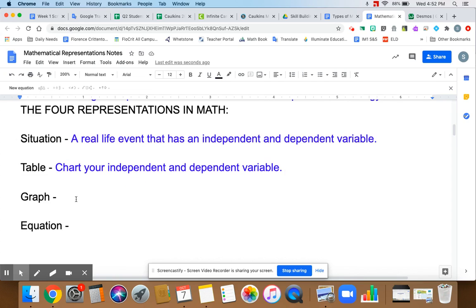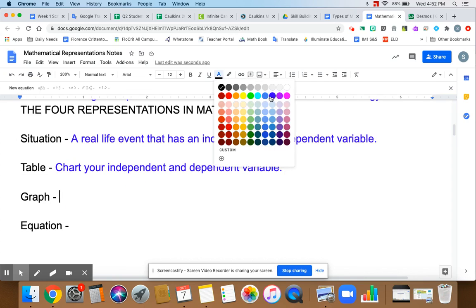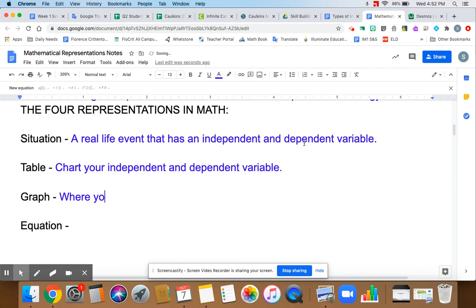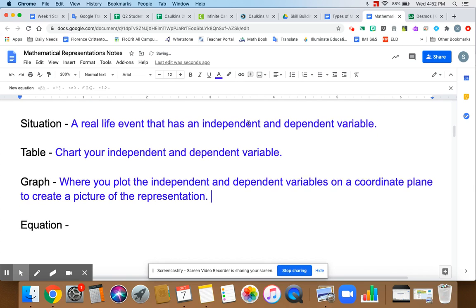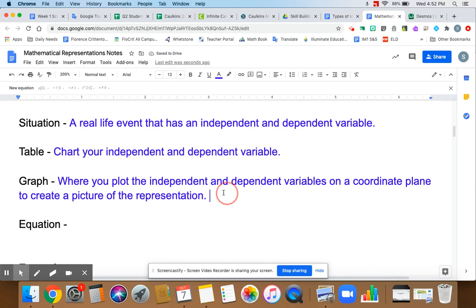A graph is where you plot the independent and dependent variable on a coordinate plane to create a picture of the representation. This is a type of representation where we're making a picture by plotting points.